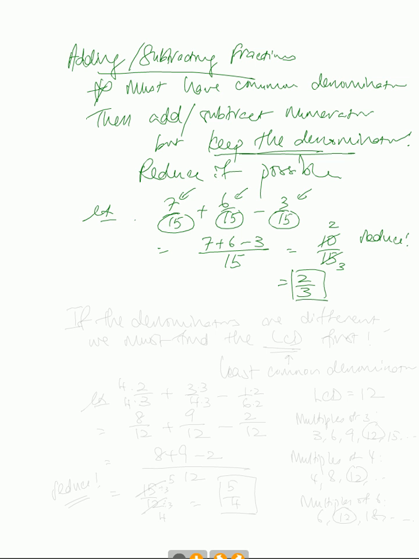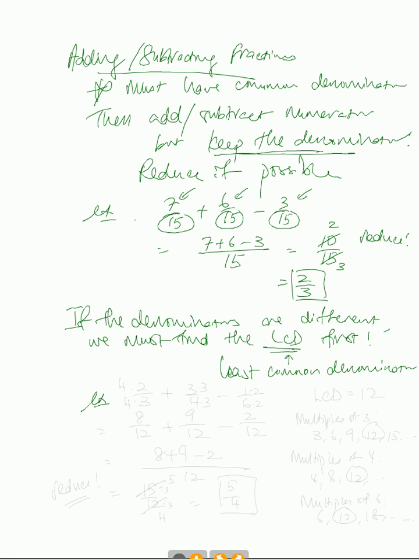So the big question is, what happens if the denominators are not the same? If the denominators are different, we must find the LCD first. If you recall, the LCD refers to the least common denominator.